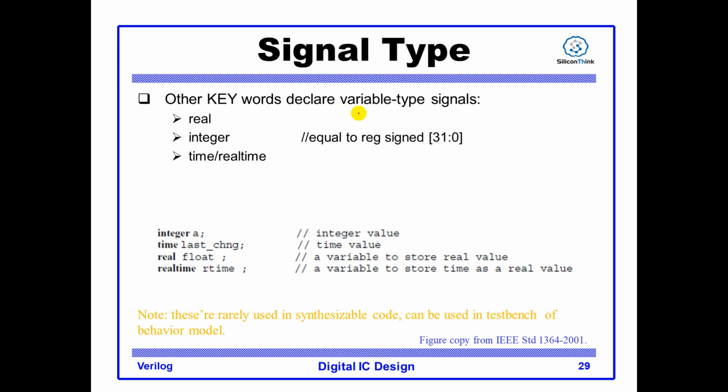Okay, for variable types, there are some other keywords that can declare variable type signals, such as real. This is a real number. We define integer, time, realtime. There are some examples. So if you define these variables, you can assign values to them only in procedure blocks, that is in always and initial blocks.